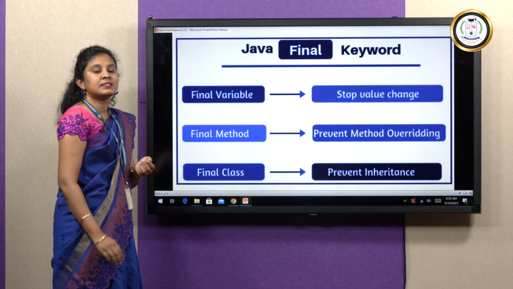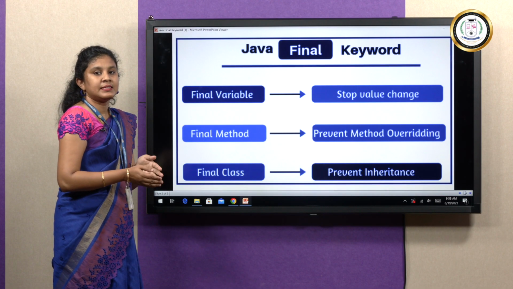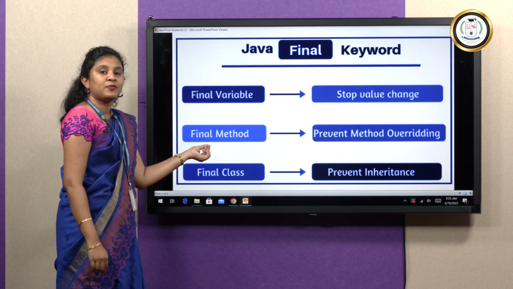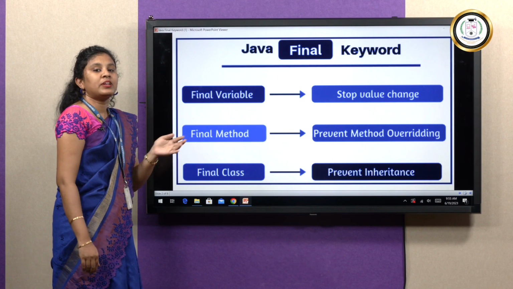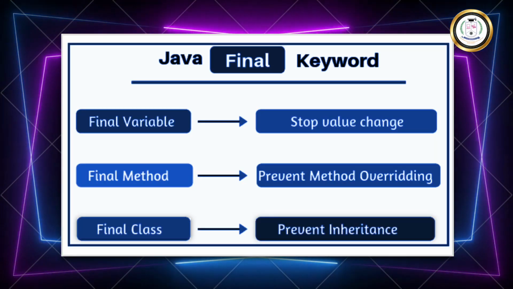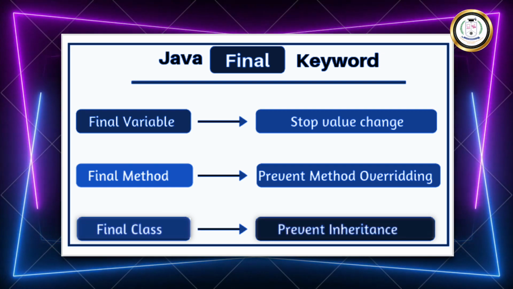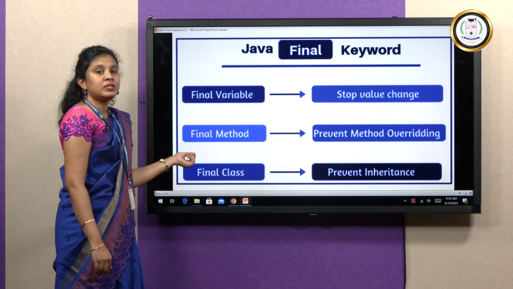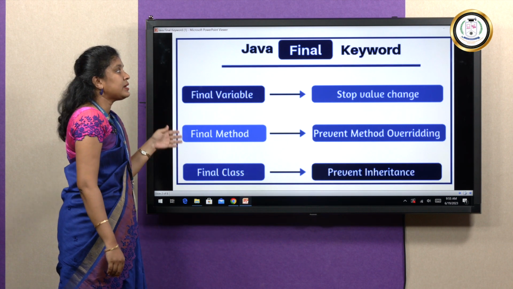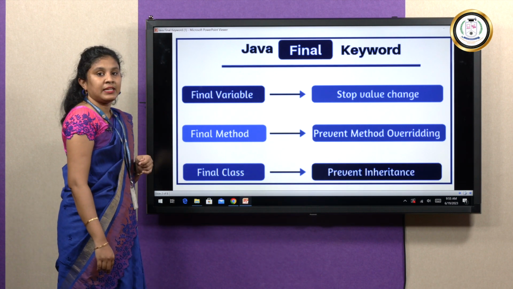Overriding is a part of inheritance, so a method with the final keyword cannot be overridden. The last one is a class with the final keyword, which cannot be inherited anymore. So these are the three ways in which you can use your final keyword.